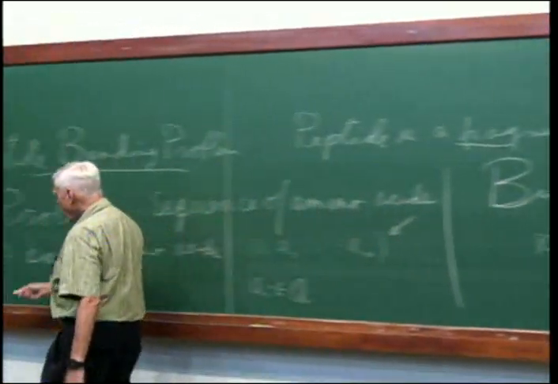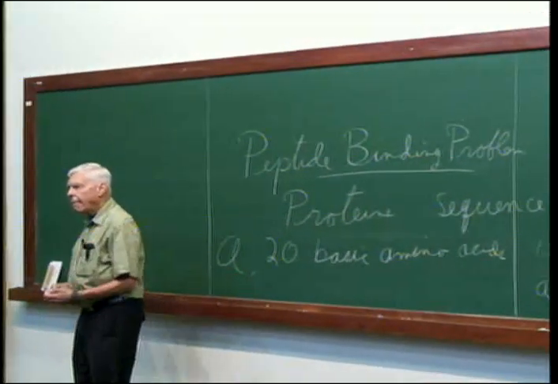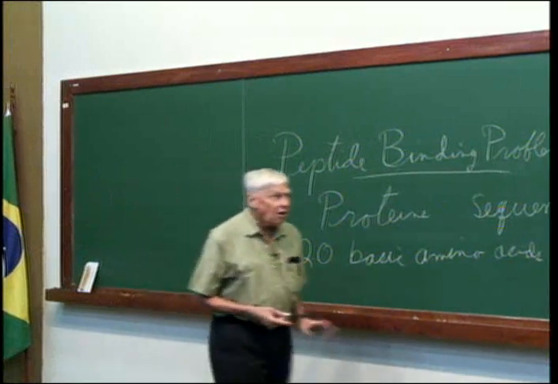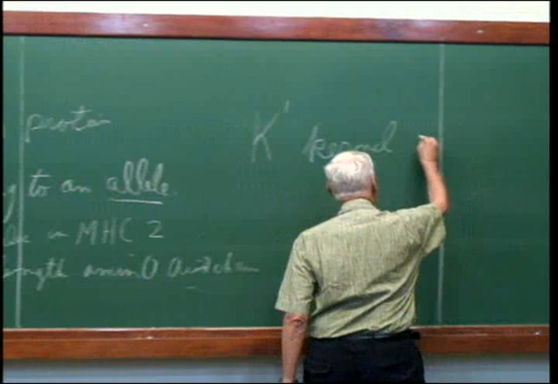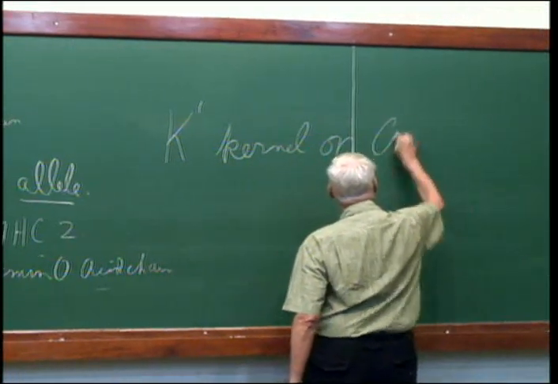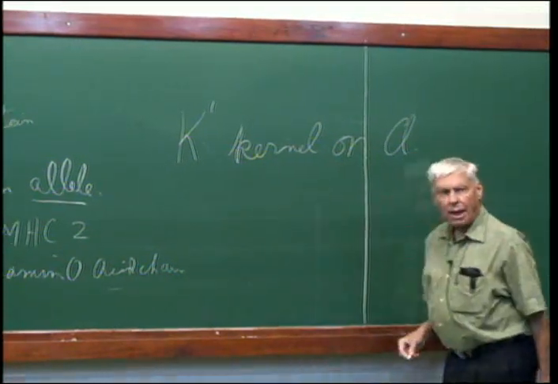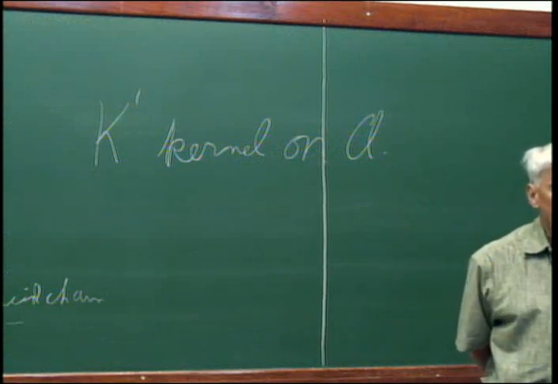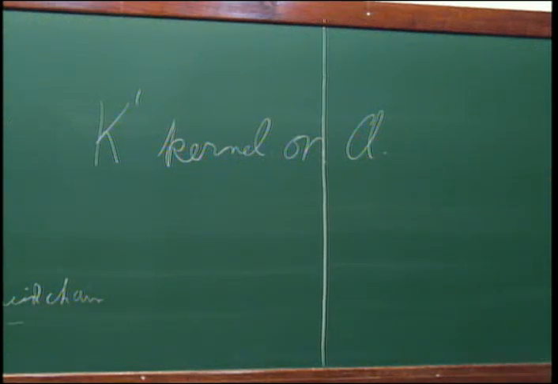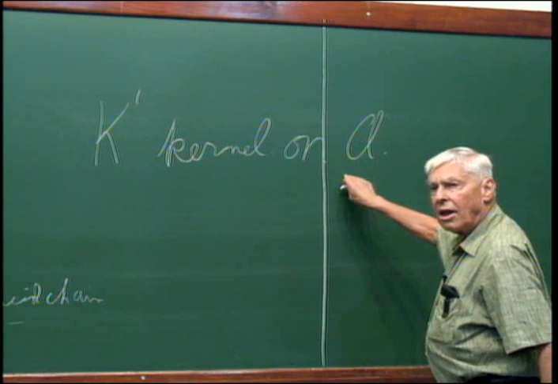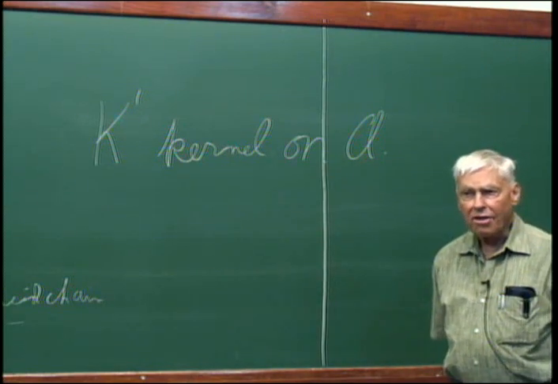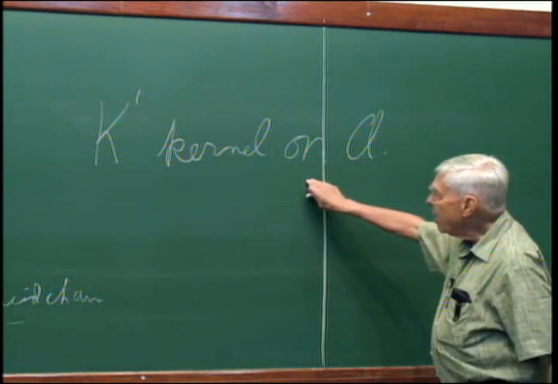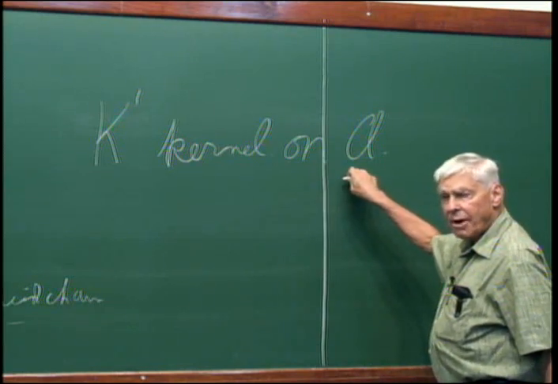So it's a kernel on A. So we start with a kernel on A. And this is where the biology enters, or the medical information biology enters on the kernel K1. After that, everything is automatic. It's all mathematical. But this kernel here, it can be represented by a 20 by 20 matrix.